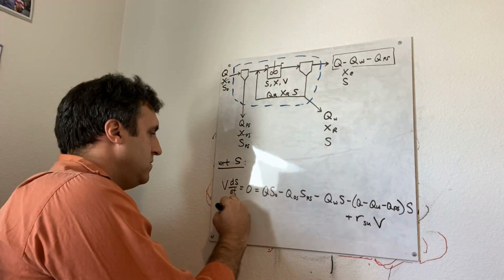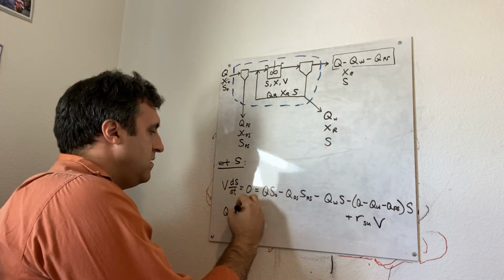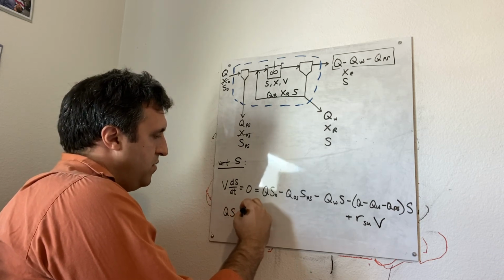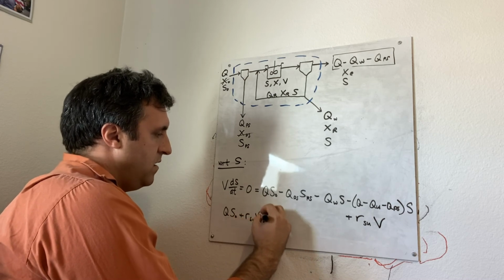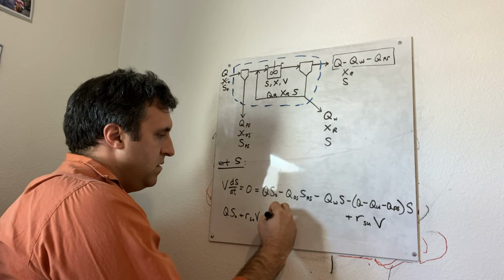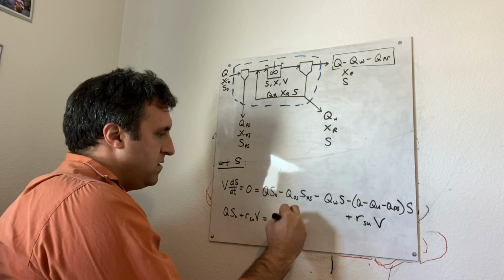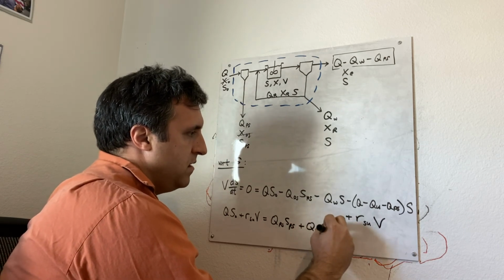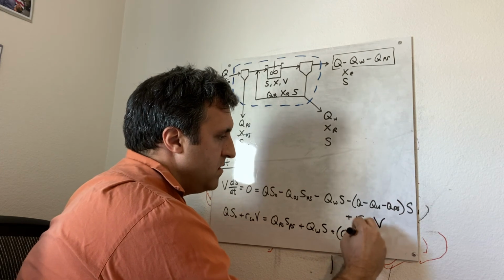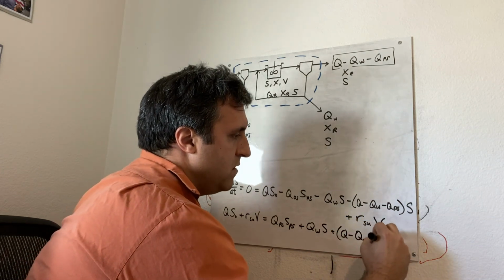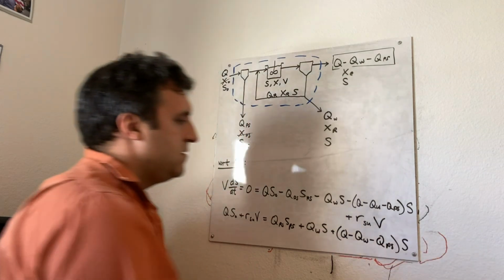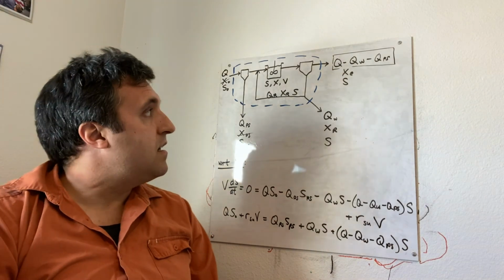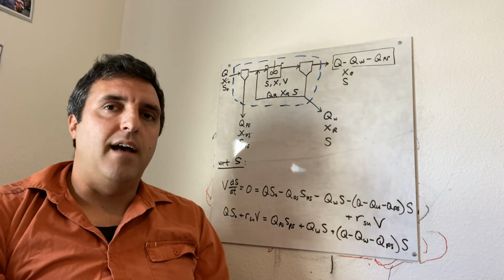For example, Q S naught plus R_SU V is equal to QPS S_PS plus QW S plus (Q minus QW minus QPS) times S. All right, so there's the mass balance at steady state with respect to X and with respect to S.